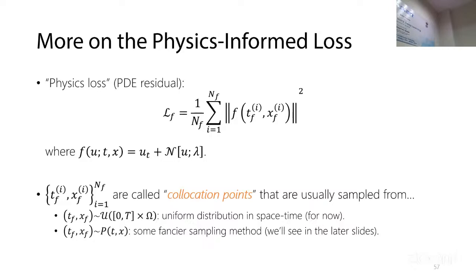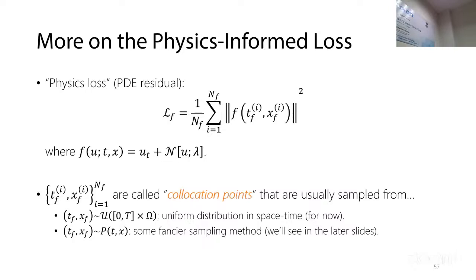The probability P can be a heuristic where you increase the probability of sampling where the solution is, I don't know, violent, as determined by the magnitude of the gradient, for example.